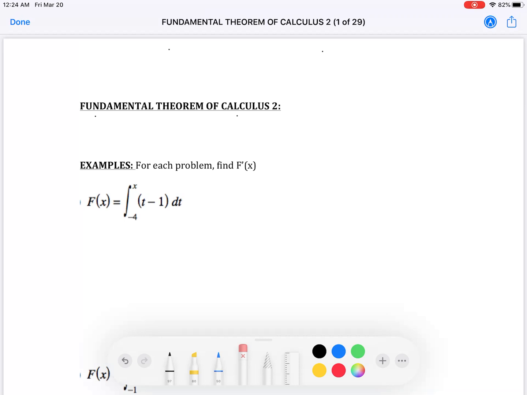All right, so today we are going to be talking about the fundamental theorem of calculus 2. One thing to note is that the most common notation is this capital F symbol. Capital F means antiderivative.